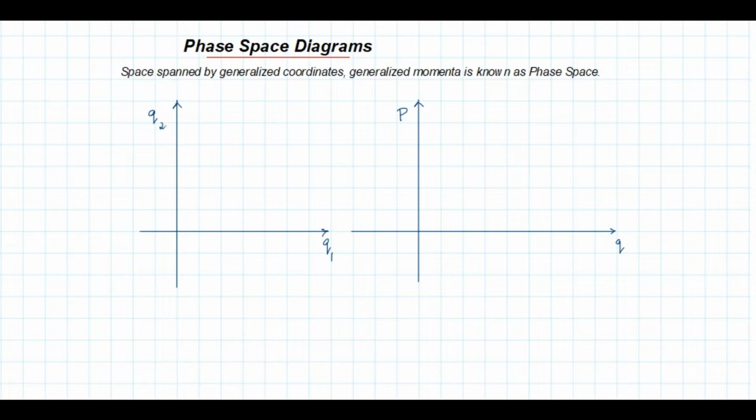Now we will discuss how we can plot the diagram in the phase space, or the trajectory of a particle in the phase space. We will consider some examples. The first case is, as always, the harmonic oscillator.